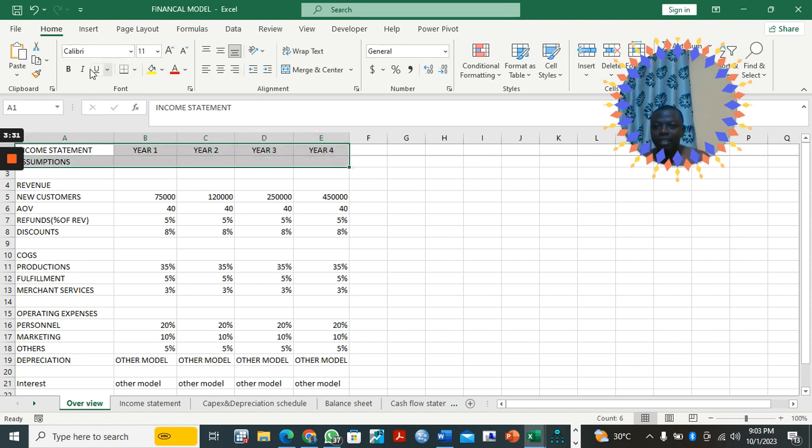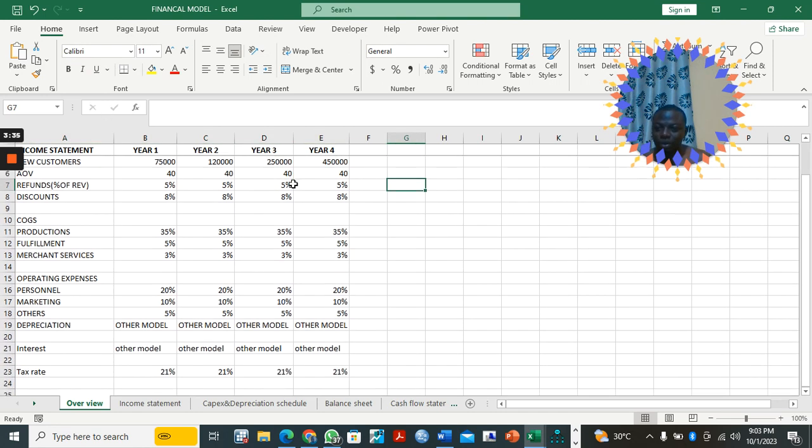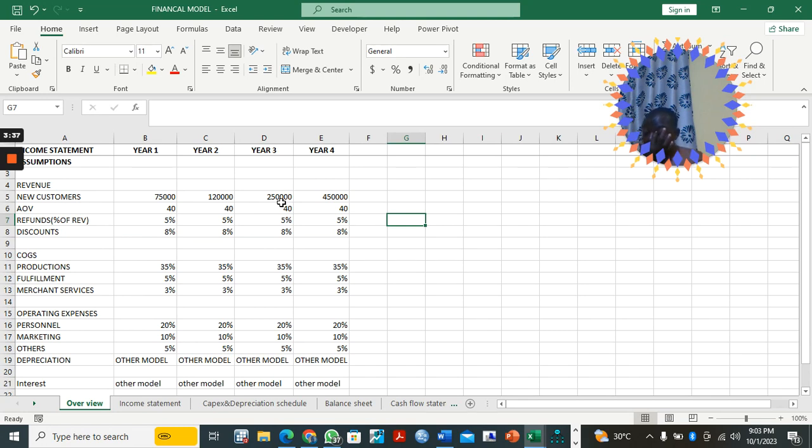So with this, when you have the assumptions, with the income statement, what we will be interested in will be the revenue. And where will our revenue come from? Our revenue comes from our activities, our transactions with our customers, right? So this was the projection made.